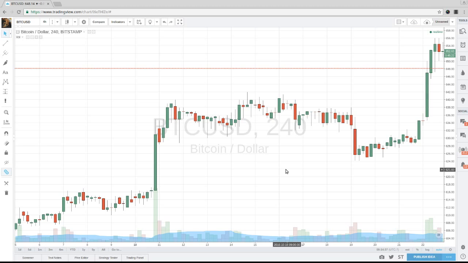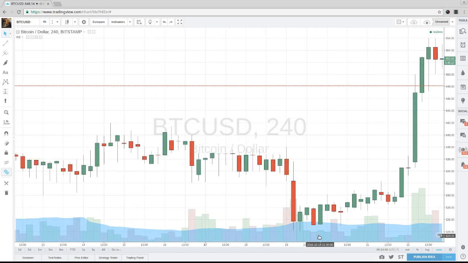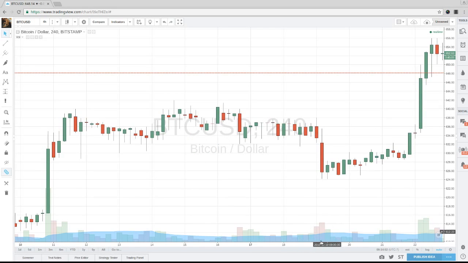On the bottom, you're going to see volume. Here you can see a bunch of columns which represent the amount of volume that has taken place. And it's relatively opaque or transparent. But here you have your main indicators.